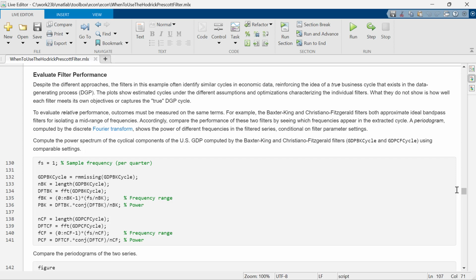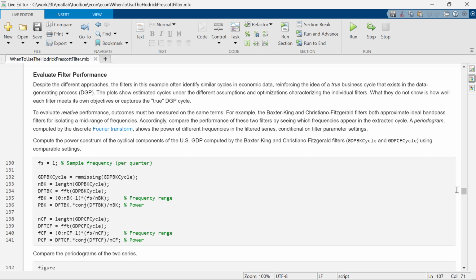The business cycle is more of an idea, a component in some data generating process out there that's creating all of this macroeconomic data. We don't have that data generating process. We can estimate it, we can model it with different models, but we never know exactly what it is.